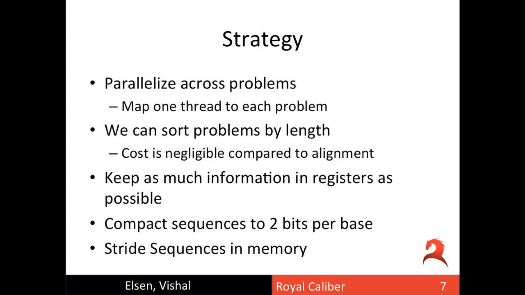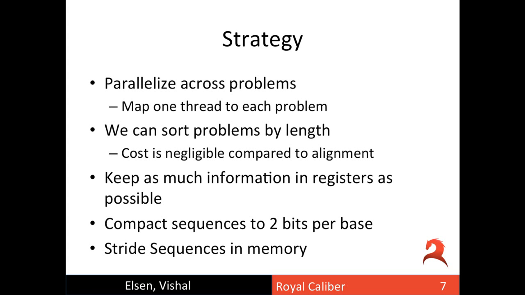And you want to avoid it if you can. And again, for the same reason that we can sort, solving the alignment problems takes so long that reordering how the base pairs are stored in memory is basically a no-op. So it's very much worth it to do that to avoid having to do any sort of communication inside the warps or inside the CTAs.